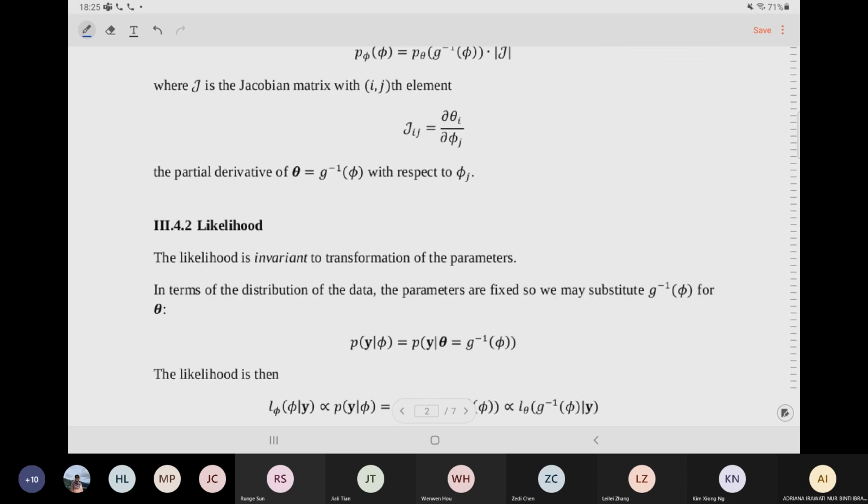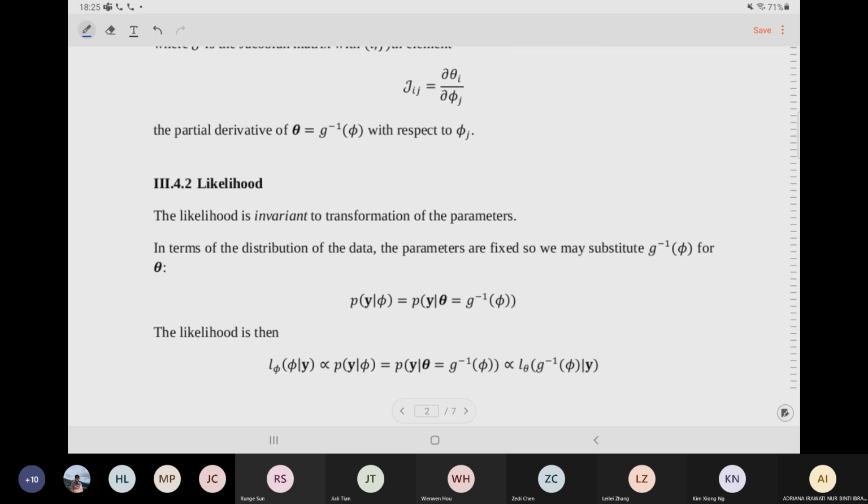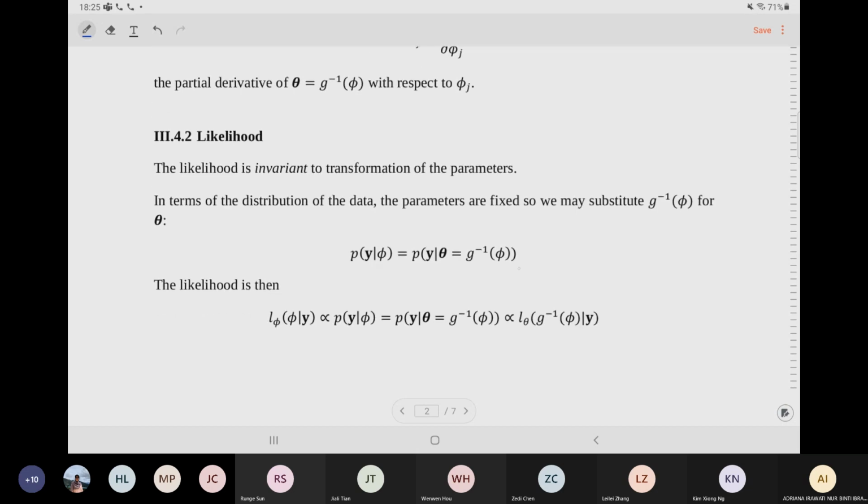Now, that one is for the prior. For the likelihood, the likelihood is invariant to transformation of the parameters. What does invariant mean? It means that it does not have the Jacobian. So if I have y given phi, anything with theta I just change to g inverse phi.